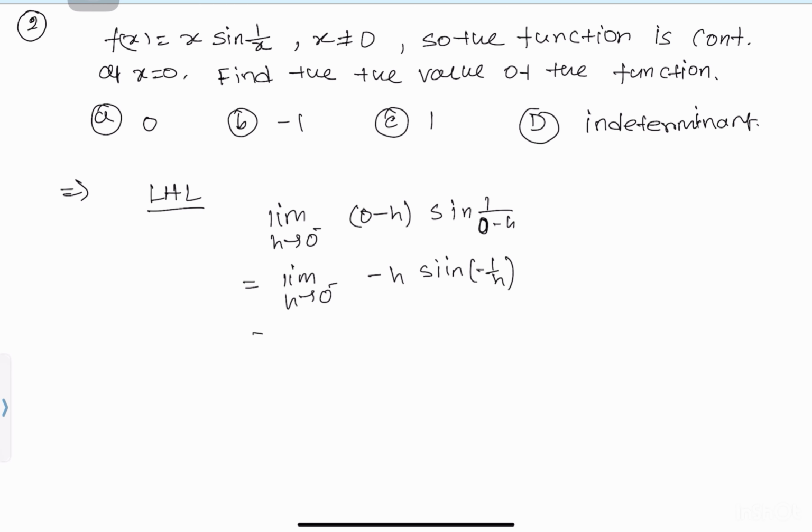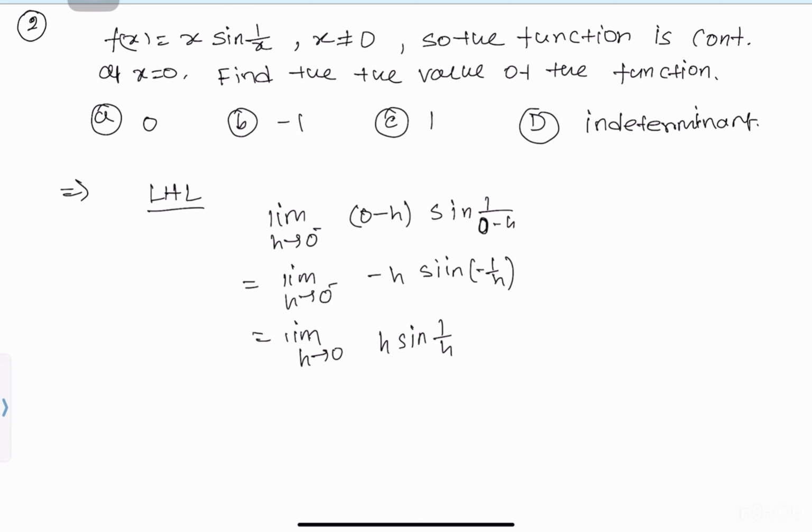Minus minus would be cancelled. Next step, limit of h sine 1 by h. Whenever h is going to 0, try to understand, h tending to 0 and sine 1 by h, you can say this is a finite quantity.